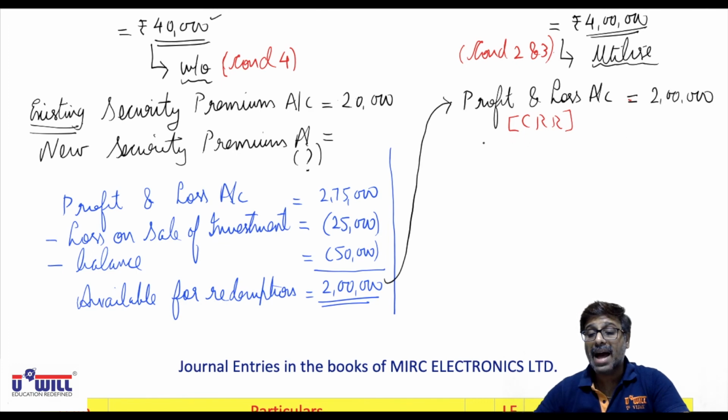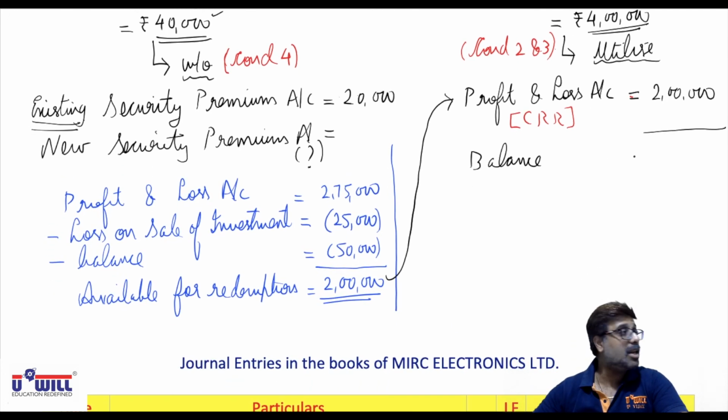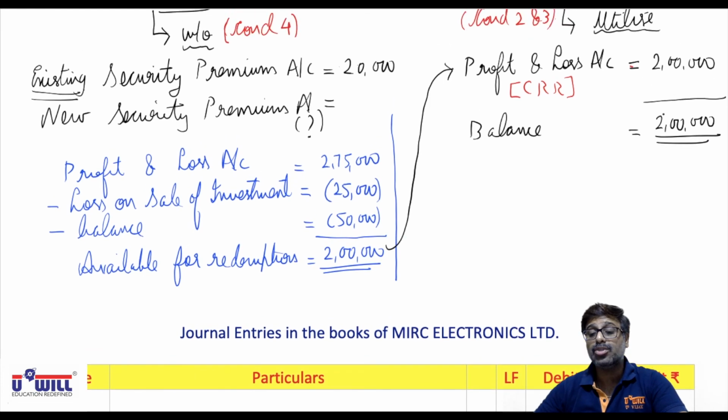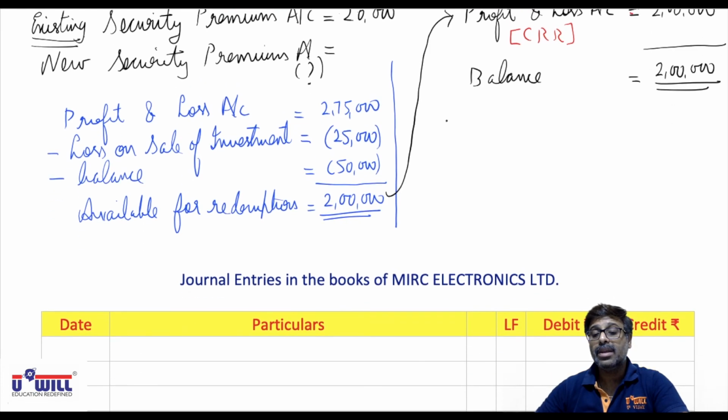Now, what is the balance or deficit amount still required? The balance amount still required is the remaining 4 lakh minus 2 lakh, that is 2 lakh. For this 2 lakh, we have to issue equity shares, which means we have to manage this 2 lakhs by issuing equity shares. That's why sufficient number of equity shares is mentioned.